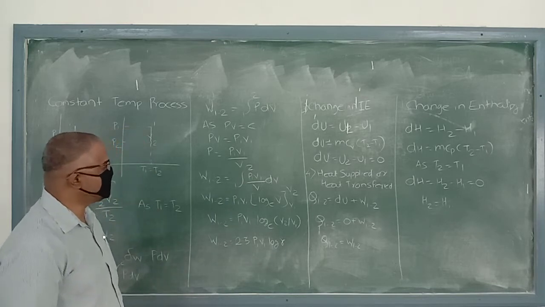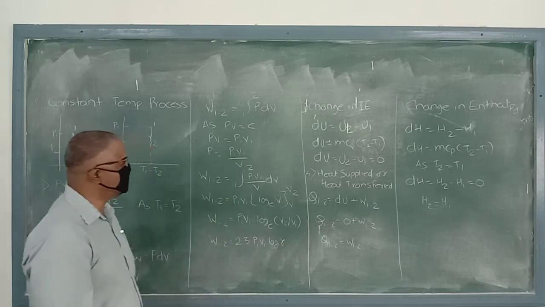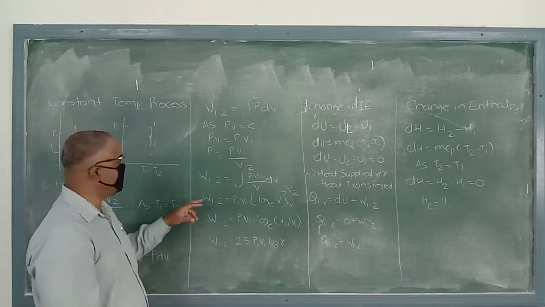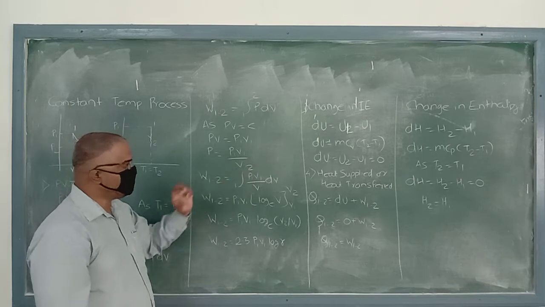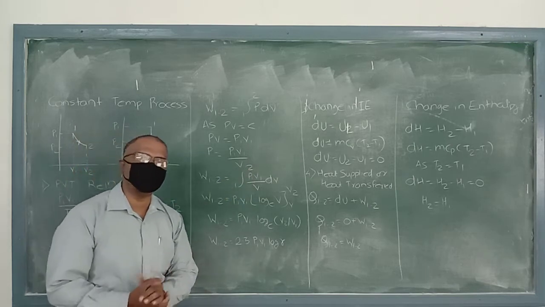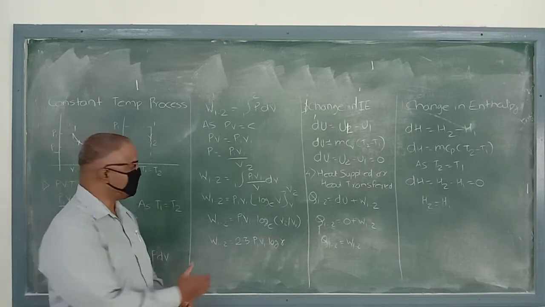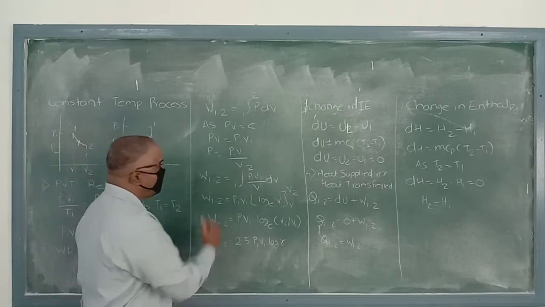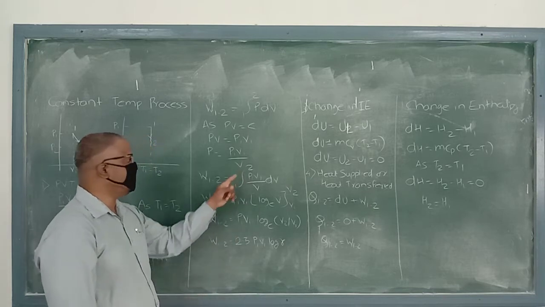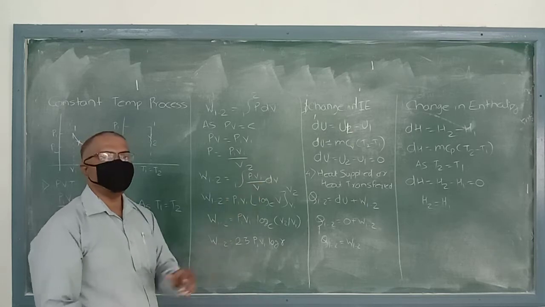So in this equation, whenever we take the integration, at state 1 the pressure and the volume are constant, so we take them outside as constants. So P1 V1 times the integration from 1 to 2 of 1 upon V dV.